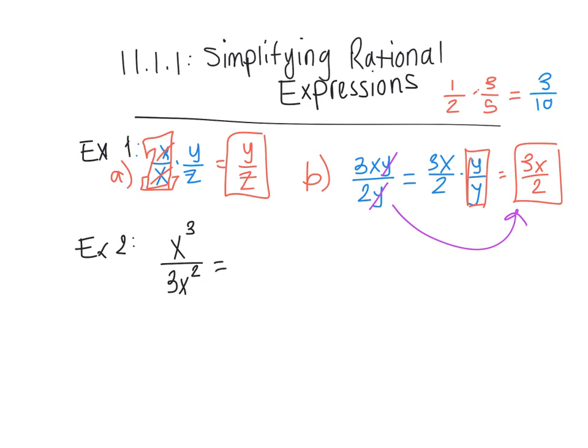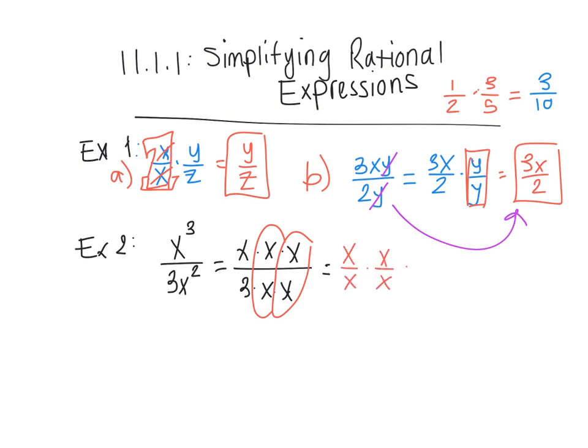So we know x cubed is actually x times x times x. It's x times itself 3 times. And then I have this 3 right here, so that's just still 3. And then I can write x squared as x times x. So if we look at what we have here, I could technically break these apart and rewrite this as x divided by x times x over x times, and then this last one, x over 3.